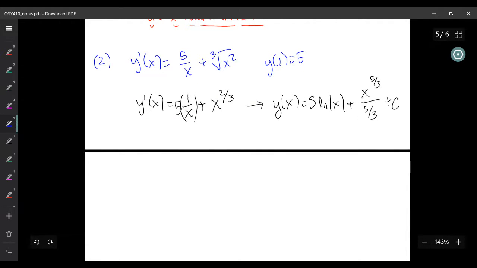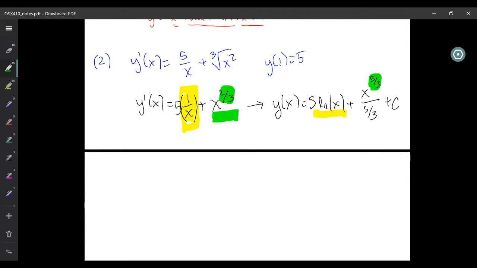So this is the ln rule here. The antiderivative of 1 over x is ln of x. And then this is the power rule. You take this exponent, you increase by 1, 2/3, 3/3, 5/3, and divide by the exponent.